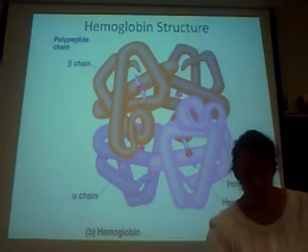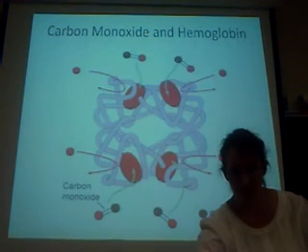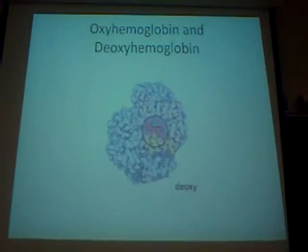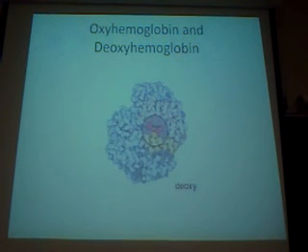Okay, let's get you a picture. You have to be quick with this one. Notice it shifts, and they call it oxyhemoglobin when oxygen is bound to the hemoglobin. And notice it shifts again, and they call it deoxyhemoglobin when oxygen detaches, when it unbinds.